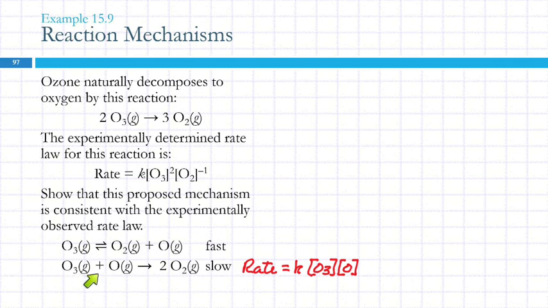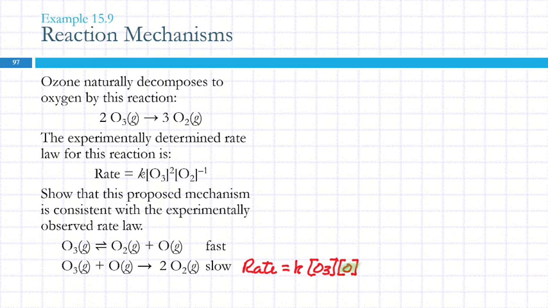The reactants, and the order would be related to the coefficient. So this times this. This doesn't work, this doesn't match up with that because this has O in it and that has O2 in it. And when we look at this, O2 is a product, but O doesn't show up anywhere. And so that tells us that the problem child is the O. It's not a reactant or a product in the overall equation.